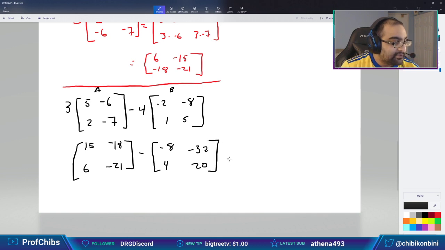After that, we subtract those from each other. Negative 15 minus negative 8 is negative 7. Negative 18 minus a negative 32 is positive 14. 6 minus 4 is 2. Negative 21 minus 20 is minus 41.